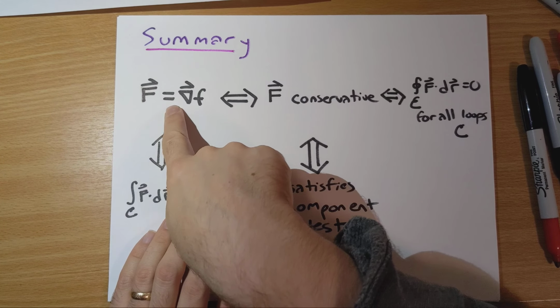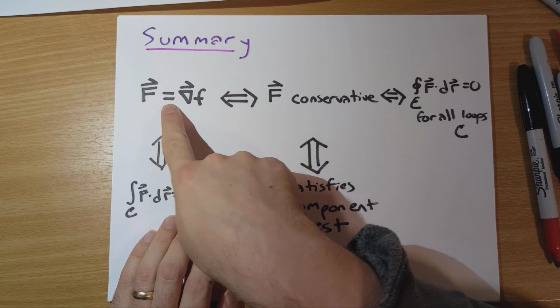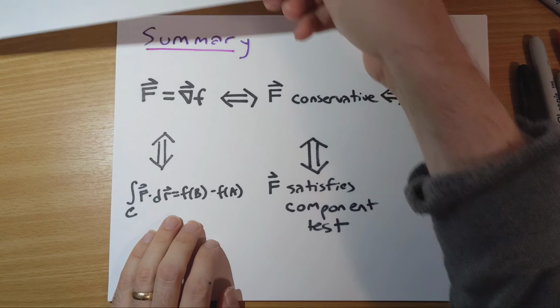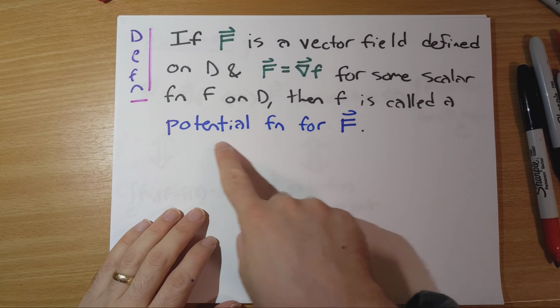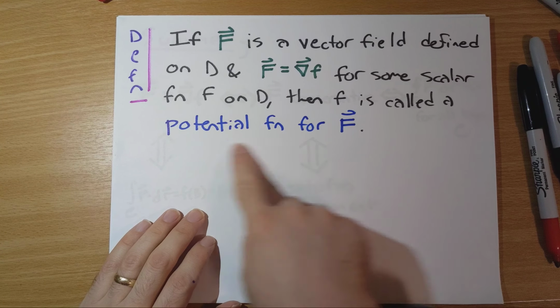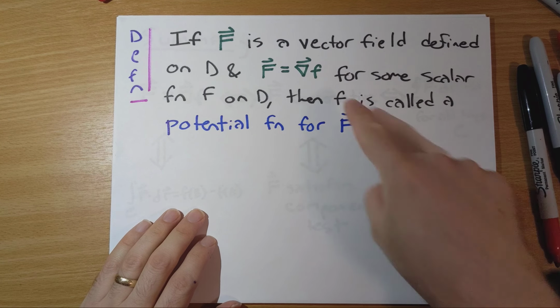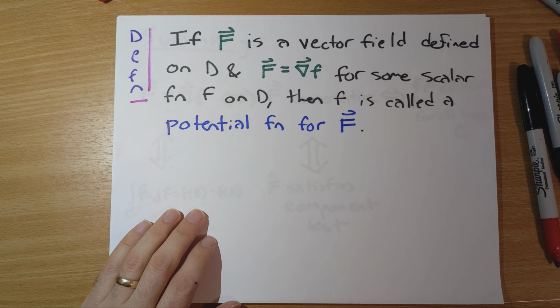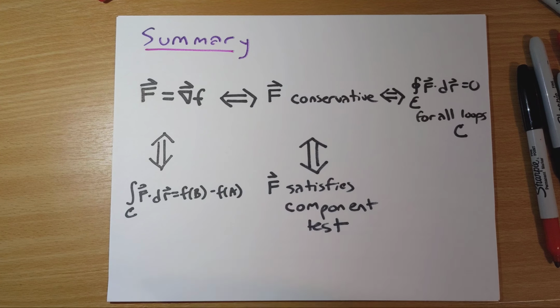So the first thing here in the top left is F is the gradient of little f. This is the definition of little f being a potential function for big F, and big F is a gradient field here.